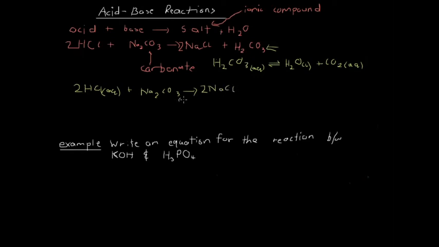So this should be aqueous, and this should be aqueous. Instead of writing carbonic acid here, we know that carbonic acid is pretty much going to completely turn into these two. So we're going to replace carbonic acid with water and carbon dioxide.